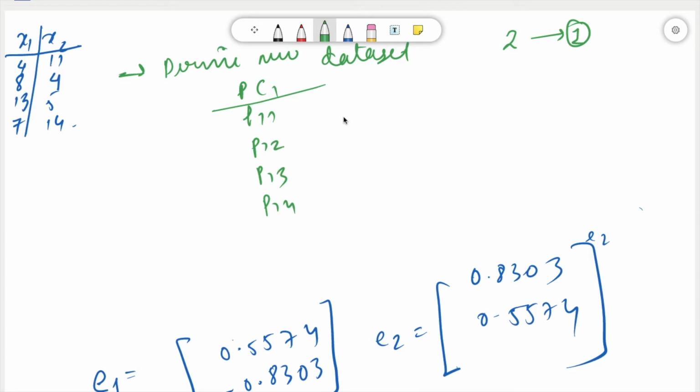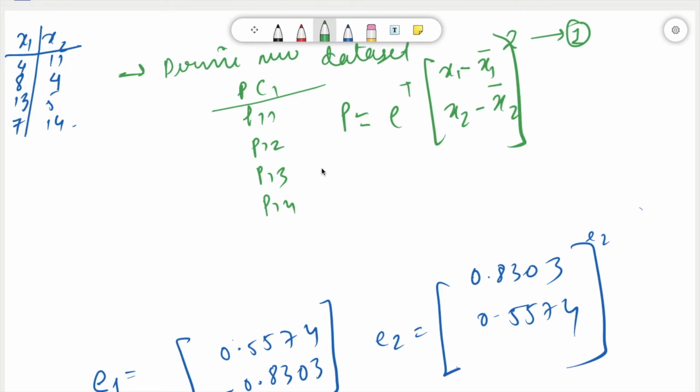So how will we calculate this? We have a formula: P is equal to E transpose into (X1 minus X1 bar, X2 minus X2 bar). These are the means, these are the data points, and this is the normalized eigenvector.